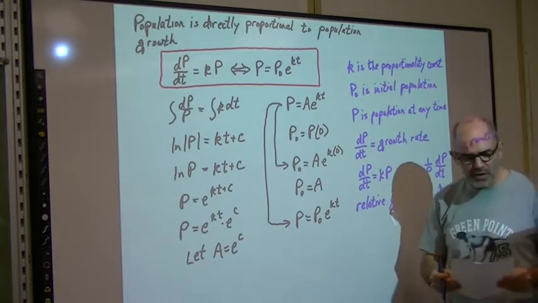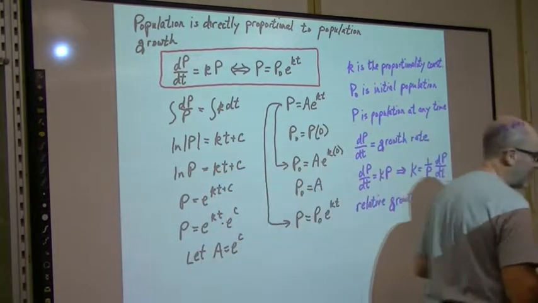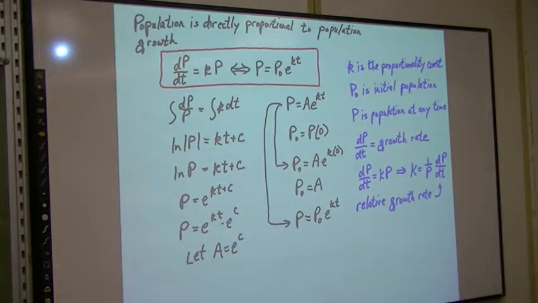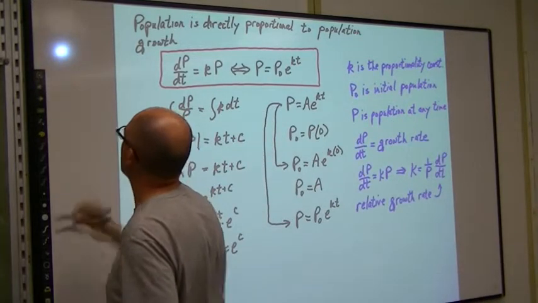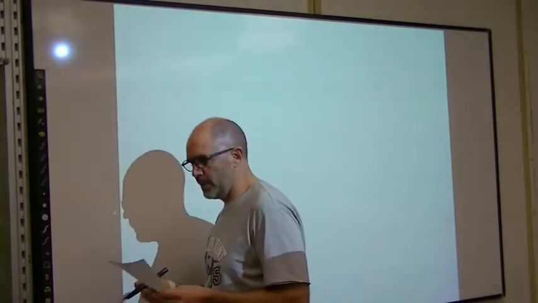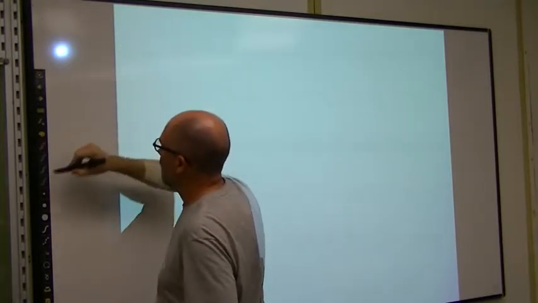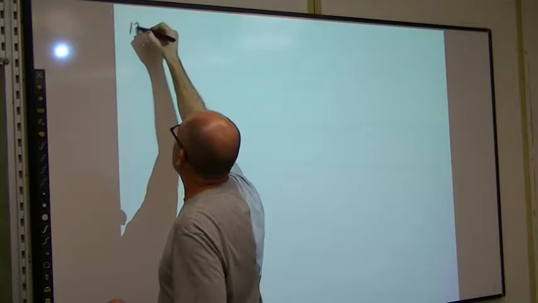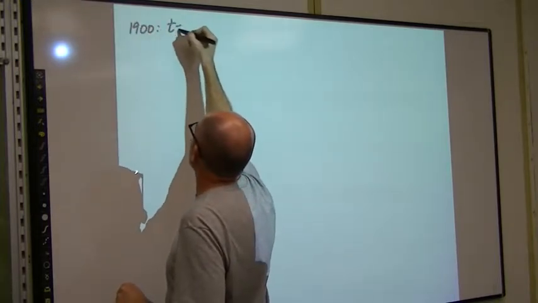So let's check out example 1 in the book. That's page 613. Now we're not going to do everything that they've done here, but I just want to show you the basic mechanics of what we're doing. So what we see here is in 1900, we're at t equals 0.